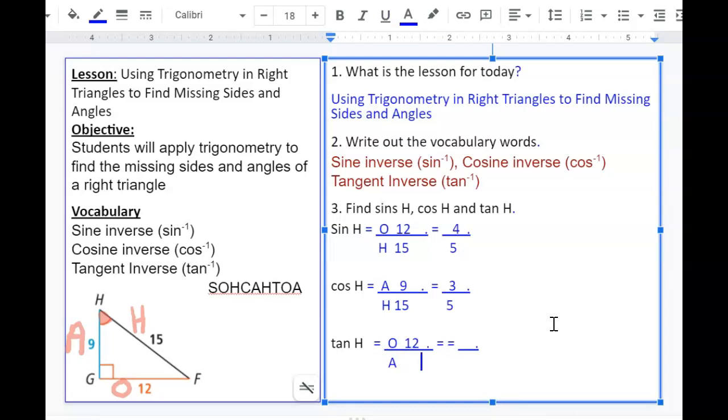So I have 12 over 9. But again, 3 goes into 12 4 times, and 3 goes into 9 3 times. So that will reduce to 4 over 3. Okay. All right, go ahead and pause the video at this point and take down your notes, and we'll take a look at the next slide.